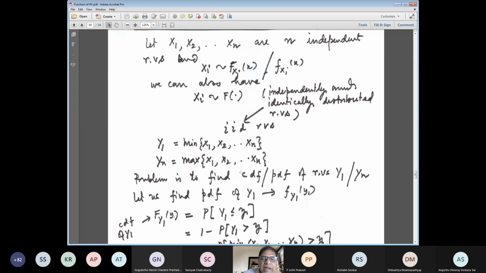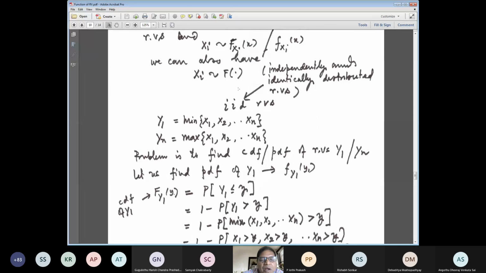So next thing is that sometimes we may need to find, say x1, x2, xn are independent random variables, and their respective density function or distribution function is given. Our job is to find the distribution of the minimum and the distribution of the maximum.